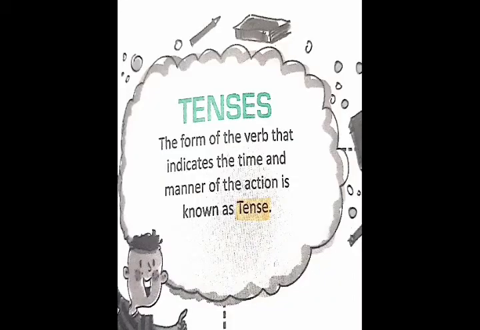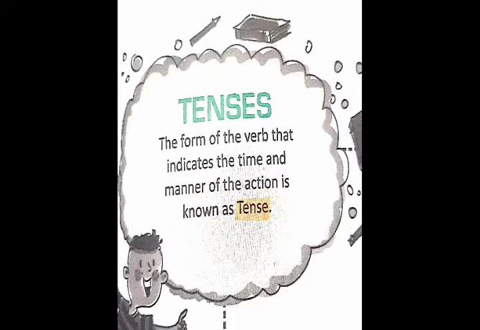Before we begin with tenses, I just want to tell you what a tense actually means. The form of the verb that indicates the time and manner of the action is known as a tense. Tense is a form of a verb taken to show the time an action happened.